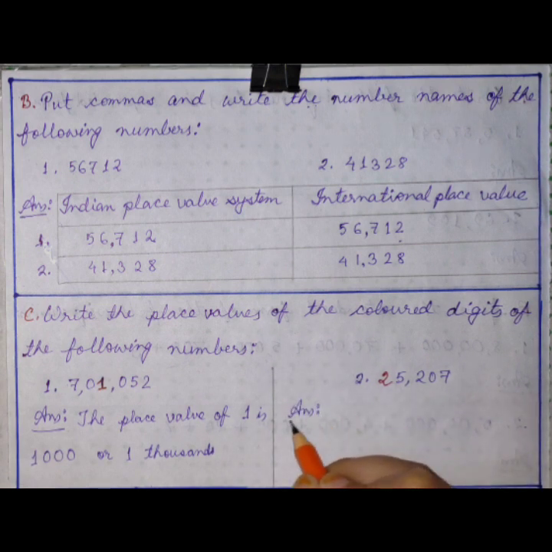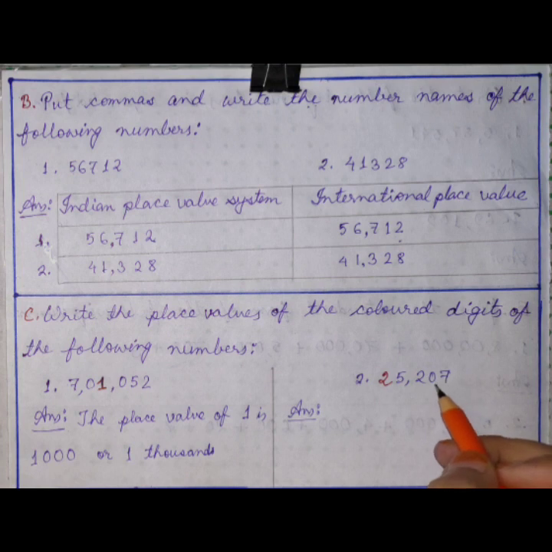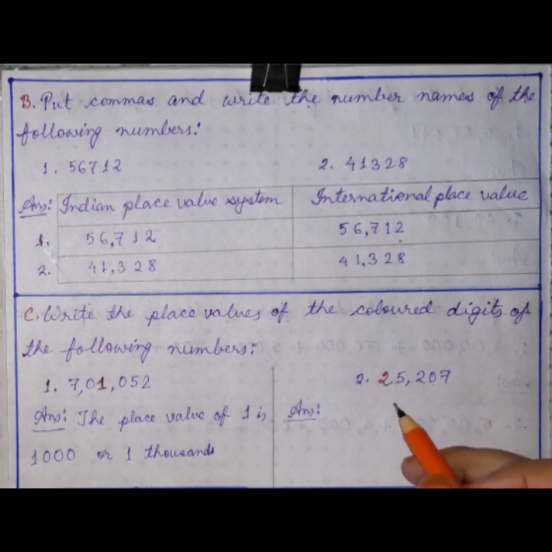Which digit do you have to find the place value for? For this 2. This 2 is in which place? It is in ones, tens, hundreds, thousands and 10,000s place, right? So how will we write the place value?